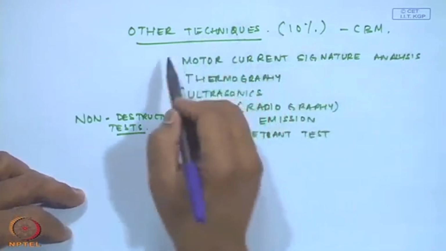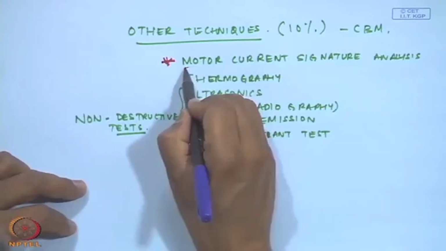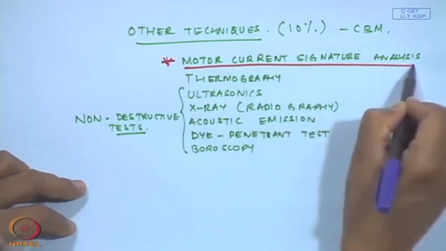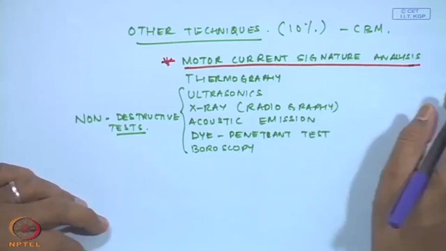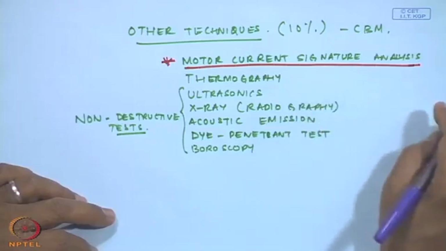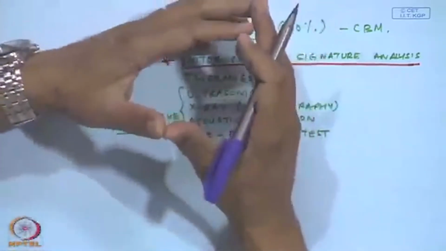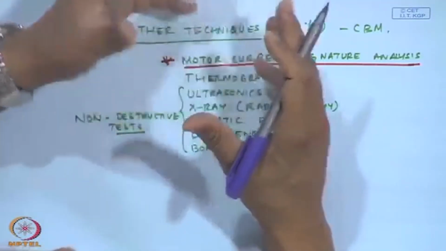Recently, what has happened, this motor current signature analysis has become a leading technique in finding out CBM, and we in IIT Kharagpur have done some of the pioneering research in motor current signature analysis to find out faults in mechanical systems using the current drawn by the electrical motor which is driving either the gearbox or the mechanical driven unit.